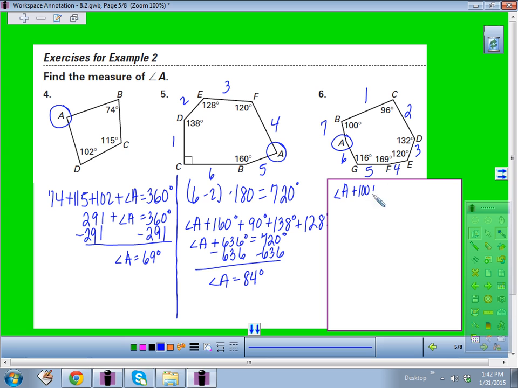100 times 6. I know if I'm running out of room, you all are too, because the note-taking guides are shorter, but we will go on. And this should all add to 900.